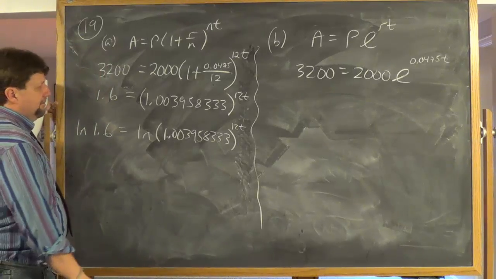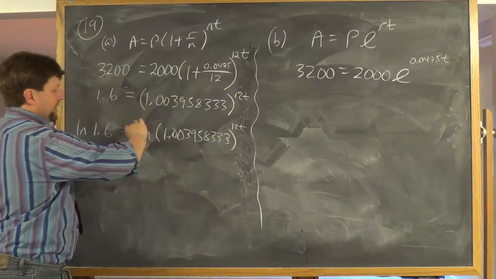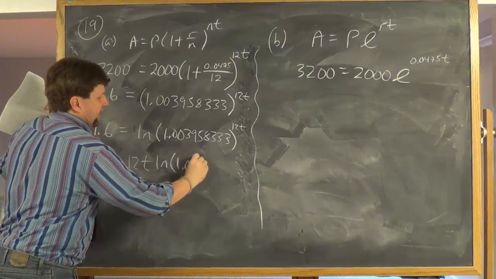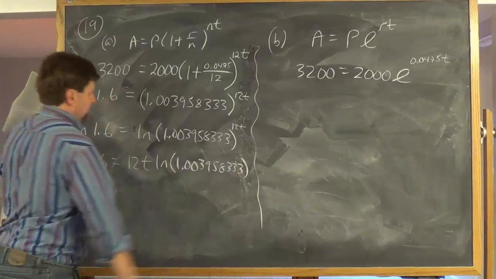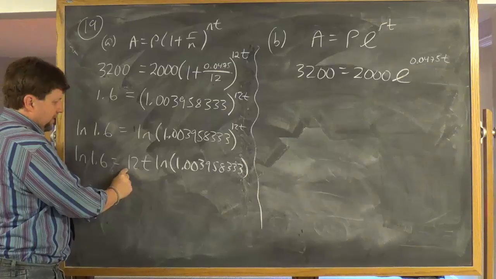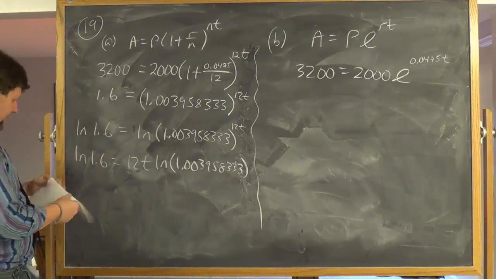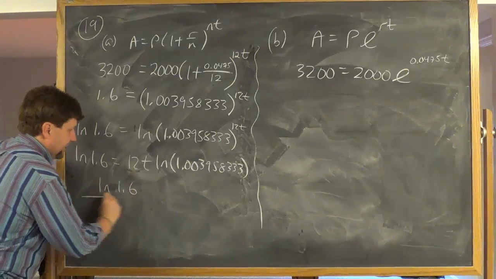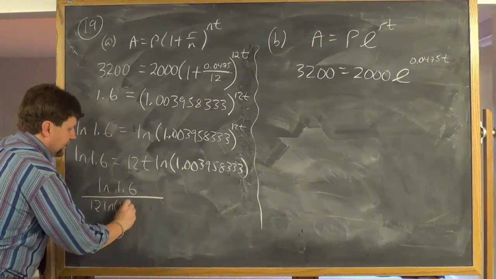And then, property of logarithms, I can take the 12t and move it out front, and write that big ugly number down yet again. And then I'm going to divide both sides of the equation by 12 times the natural log of that ugly number. So that gives me the natural log of 1.6 divided by 12 times the natural log of this ugly number.